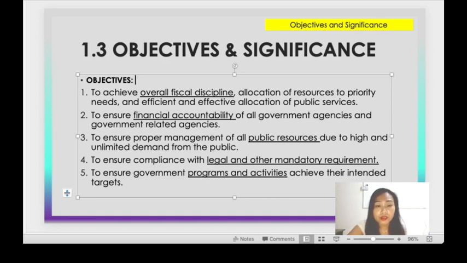The second one is to ensure financial accountability of all government agencies and government-related agencies. The third one is to ensure proper management of all public resources due to high and unlimited demand from the public. And the fourth one is to ensure compliance with legal and other mandatory requirements. Then, last but not least, is to ensure government programs and activities achieve their intended targets.